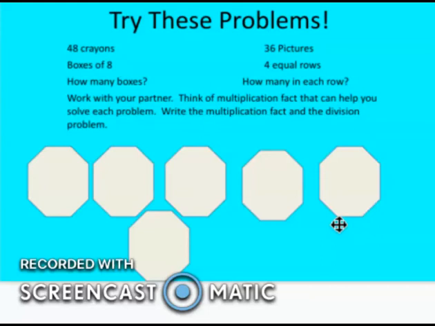So my picture shows I have how many different boxes or shapes here? 1, 2, 3, 4, 5, 6.